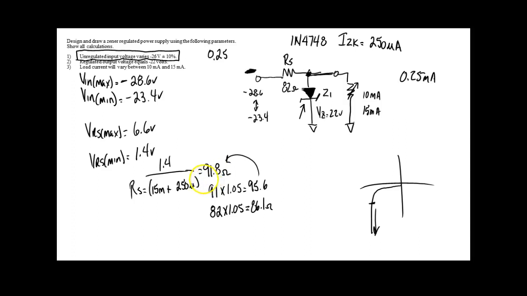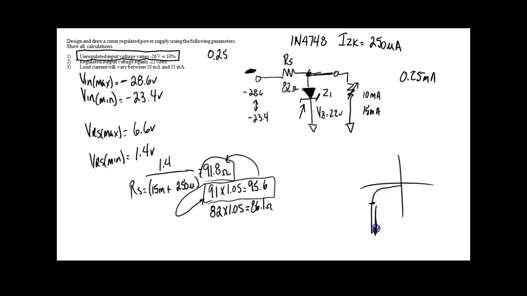We started out with 98. We looked in the chart and found out that the next lower value was a 91. We always go down, right? Then we checked our tolerance, just like it says there. We multiply it by 1.05 so that's going to increase it. We don't worry about it being low. We worry about it being high. If it's low, it's no big deal.